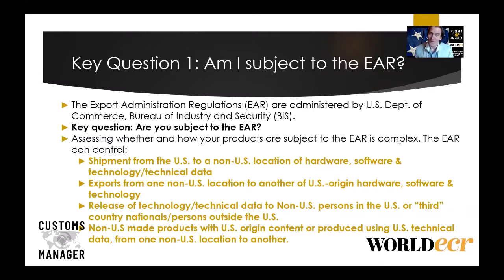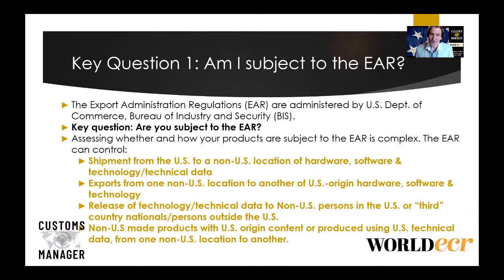So wanting to know, am I subject to the EAR, is however not as straightforward as one may think. Assessing whether you or your products are subject to the EAR can be complex, and this is because the EAR can control quite a lot. Here are 4 things the EAR can control.